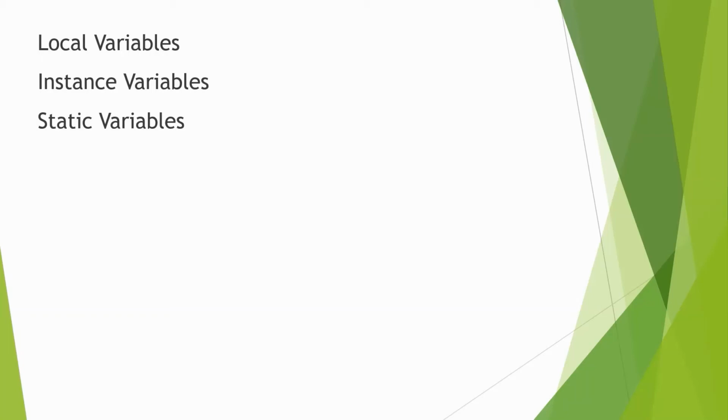The variables marked with the static keyword are those we call static variables, while those that are not defined with the static keyword but are inside of the class are those we call instance variables. So let us take a look at these concepts in practice.